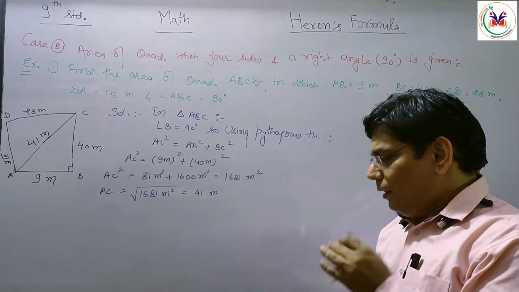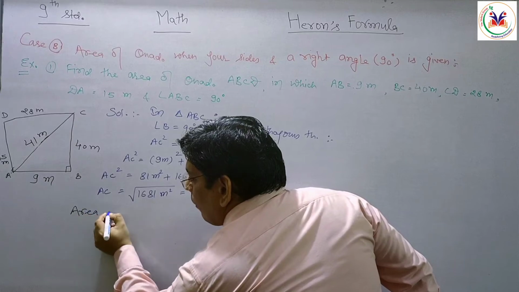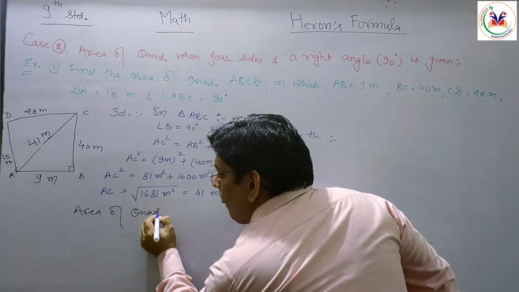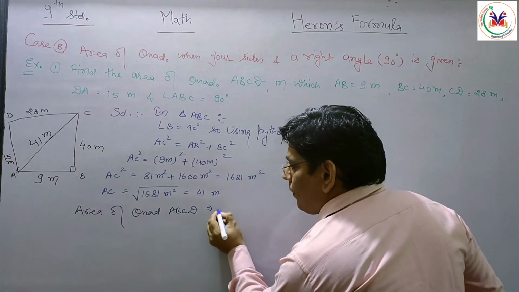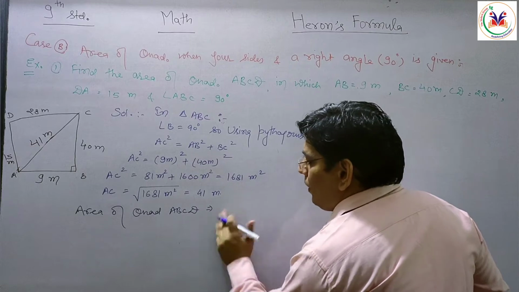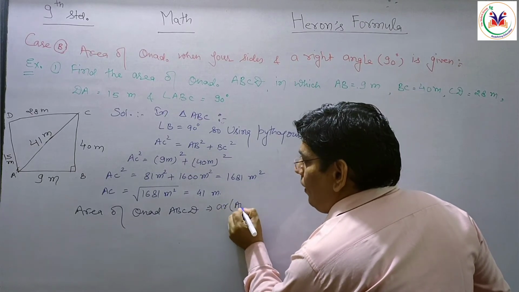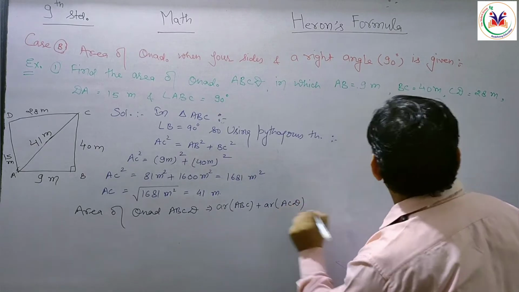Now area of quadrilateral ABCD equals to area of triangle, or you can say area of ABC plus area of ACD.